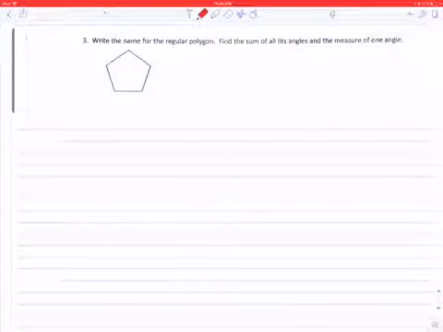Number 3, we have a regular polygon. That means all the sides are the same length and all the angles have the same degree measure. So the first thing we want to do is to find the sum of all the interior angles.